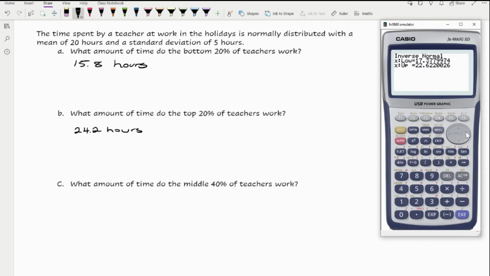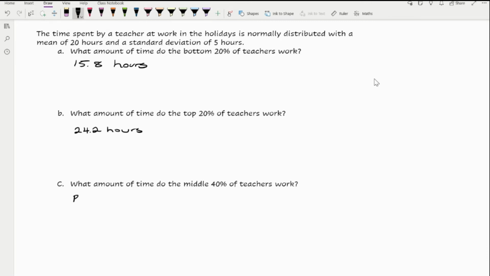So going back down to execute, I've got that my lower percentile of the middle 40% is 17.4 and the upper is 22.6. So we can write between 17.4 hours and 22.6 hours.